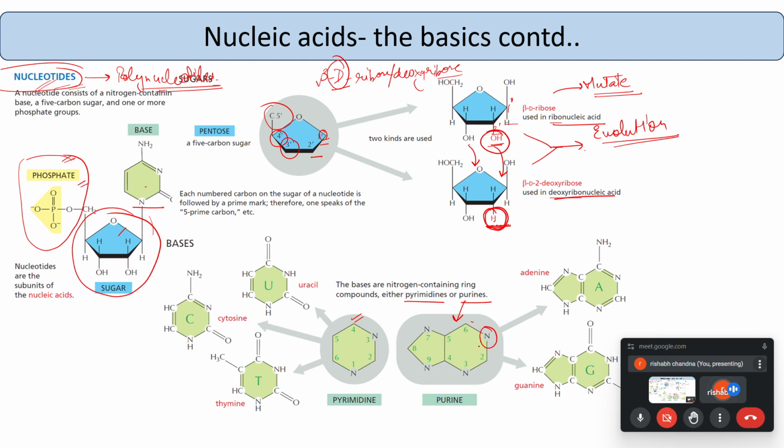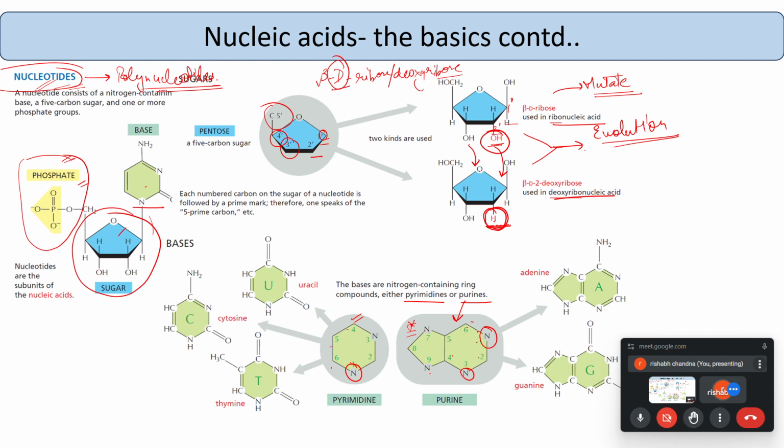This is first, second, then this is the third N, fourth, fifth, sixth, and here comes the 7, 8, 9. So seventh and ninth is also an N. This is the case with the purines. And in case of pyrimidines, the number starts from this N. So this is 1, 2, 3, 4, 5, 6.